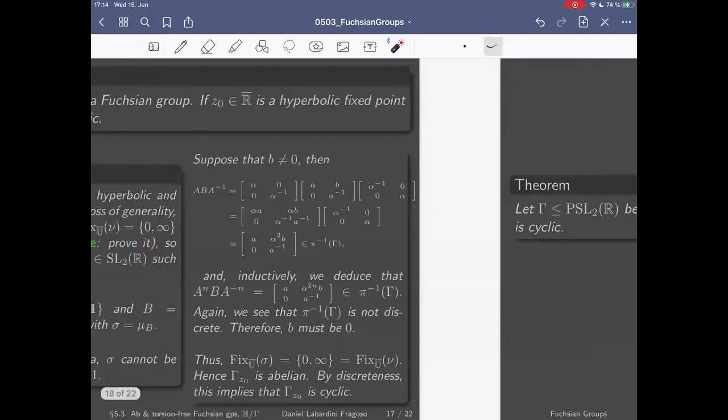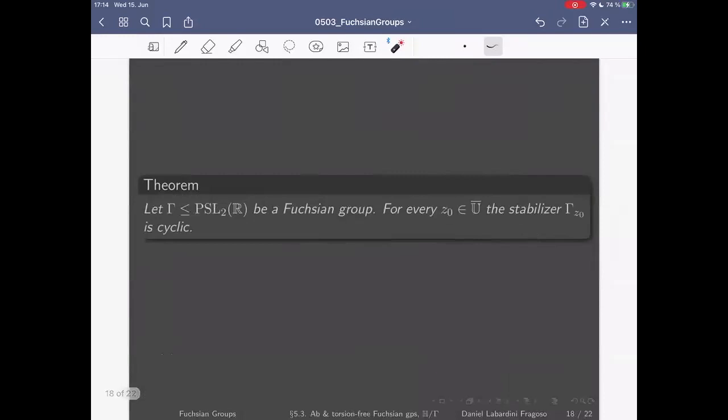Good. Okay. So now we've proved the theorem, which says that if you have a Fuchsian group, then if you look at all the fixed points in U bar, the stabilizer is actually a cyclic group.